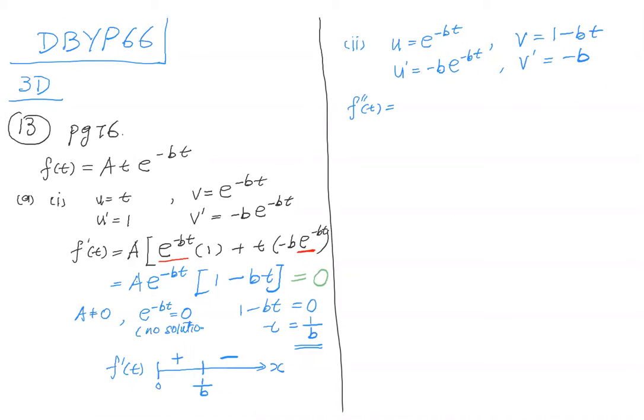Make sure you write the a in front. V u prime plus u v prime. Take out the common factor.